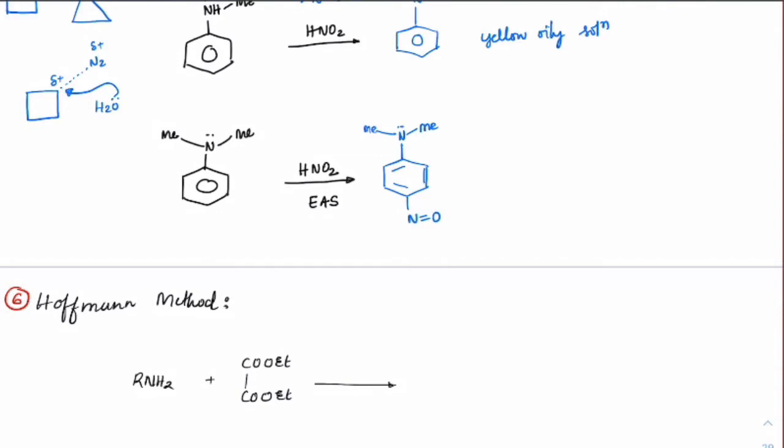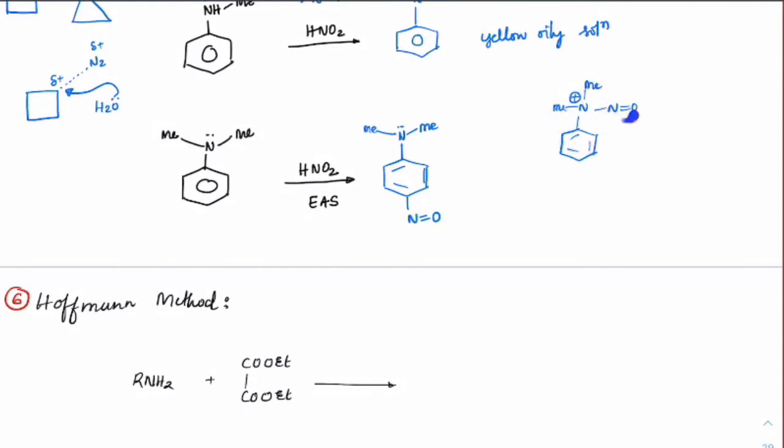And moreover, even if you come across NO here, this will exist like a plus form, carbocation form. So that will have enough repulsions between these methyl groups. Correct? I meant to say this one, N methyl, methyl, N double bond O plus. So you can see a lot of bulky groups around it.